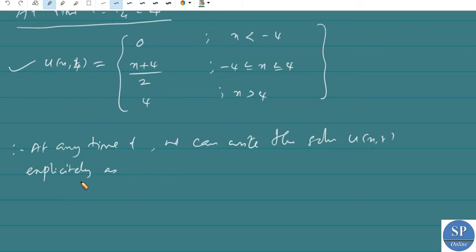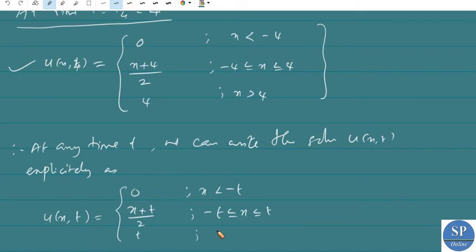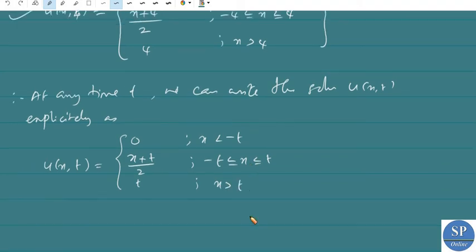So u(x,t) is nothing but 0 for x less than minus t, and (x plus t) by 2 for minus t less than or equal to x less than or equal to t, and this will be t for x greater than t. So we can express our solution explicitly as this.